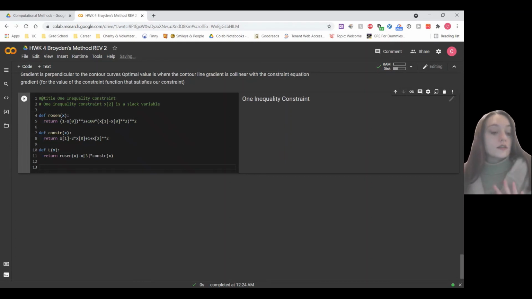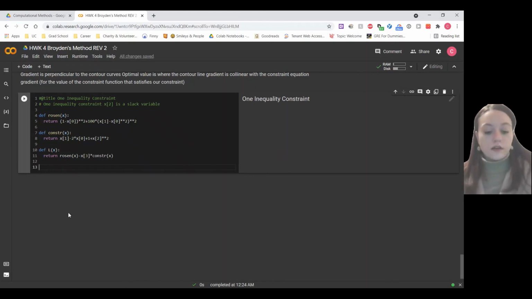We're trying to get the gradient to go to 0, because that is when we will have our optimal value for our function f and also will be satisfying the constraint.